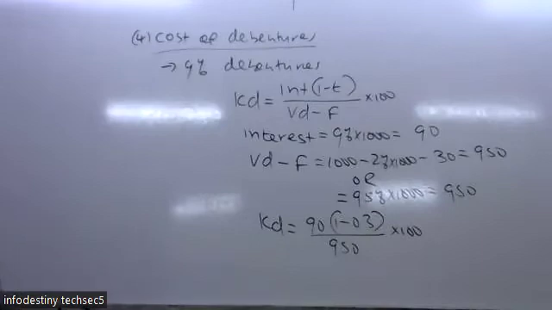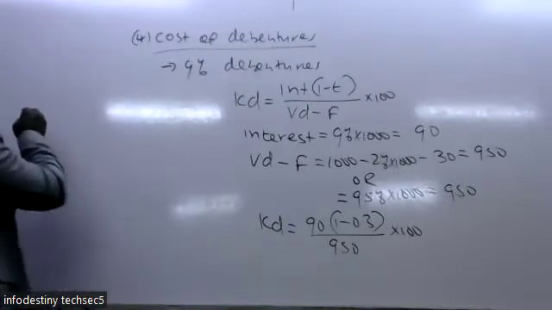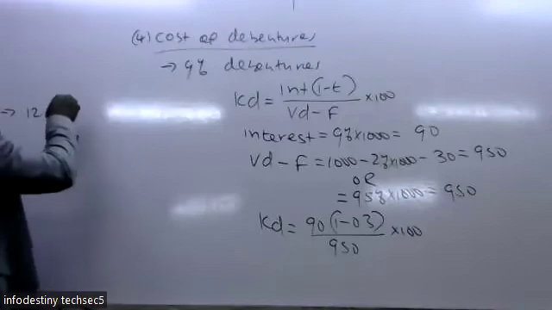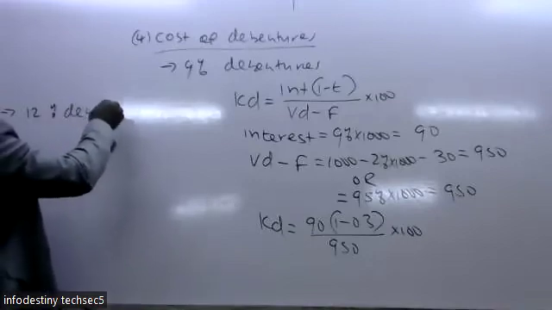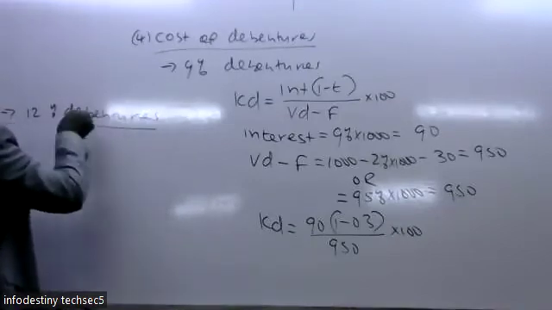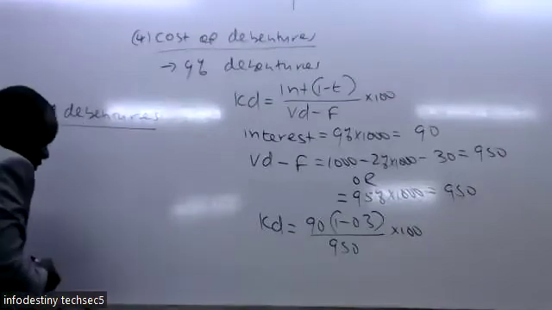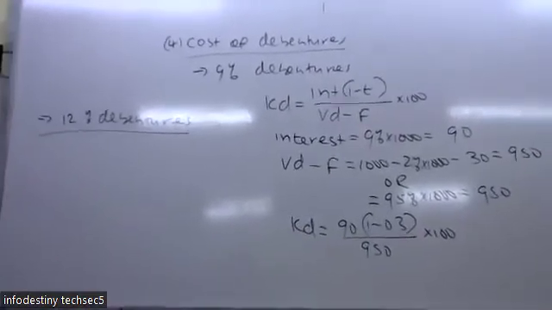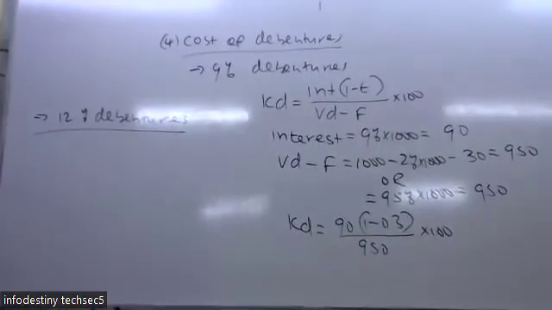So the other one is the 12% debenture. We also compute the cost for the 12% debenture.